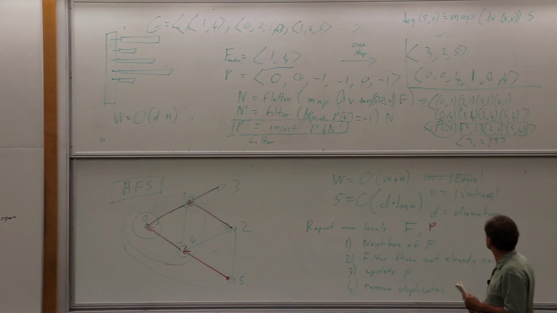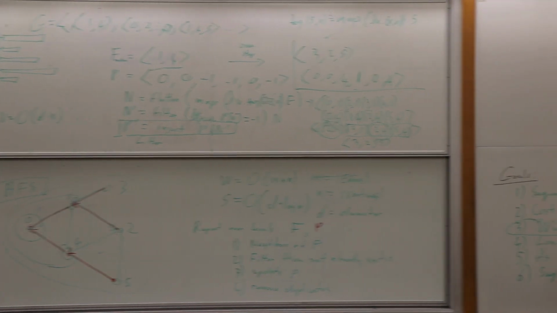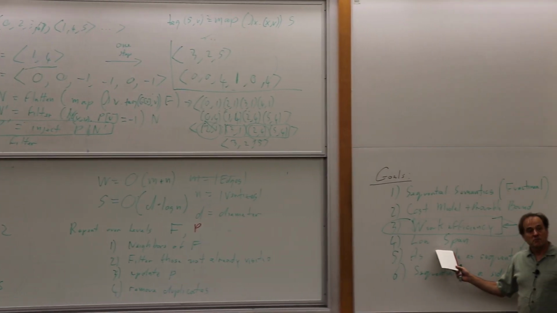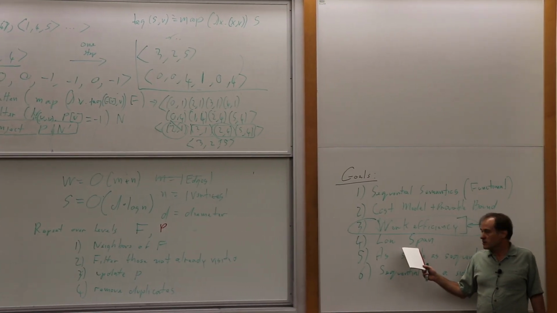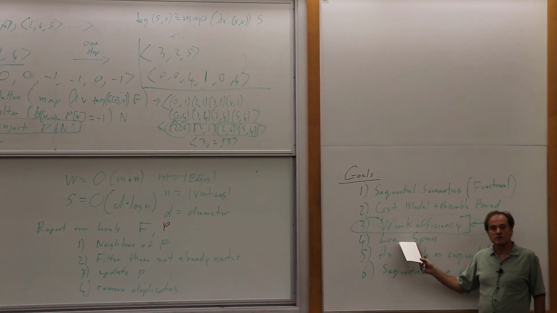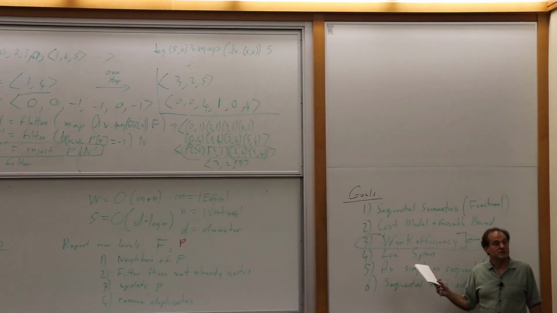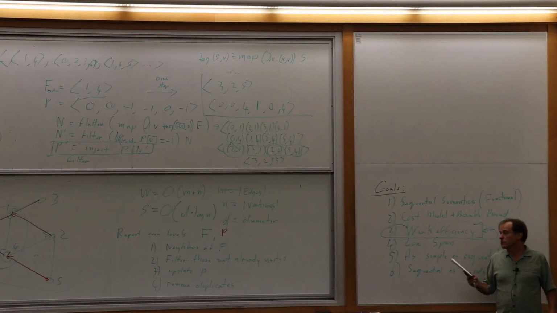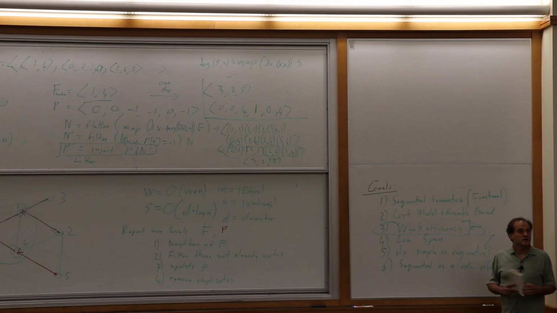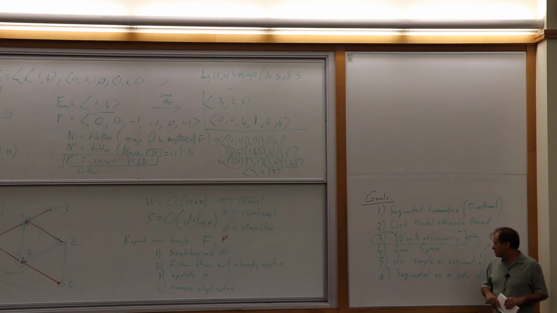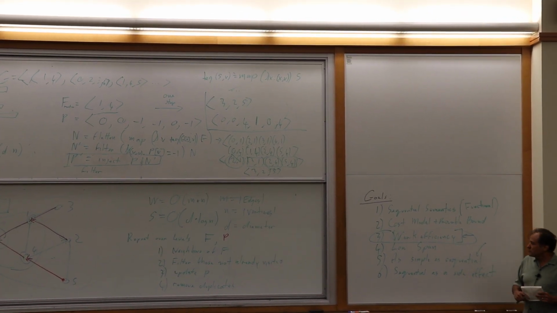So we end up with an algorithm that's work efficient. It maybe doesn't have span as low as we'd like. Ideally, we'd like this to be polylogarithmic, but theoretically that seems like a very hard problem. So we've got something that at least works very well on graphs with low diameter, and a lot of practical graphs have low diameter. It's reasonably simple.